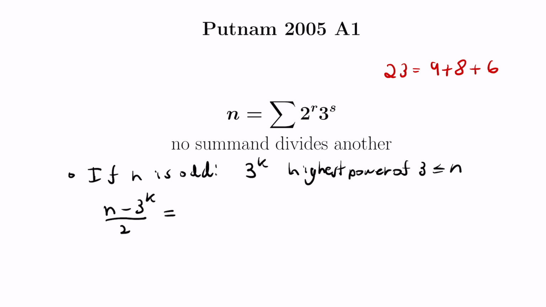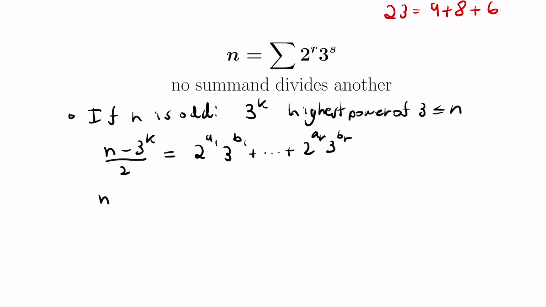Now this is a number that's strictly less than n, so inductively we can write this as a sum of powers of 2 and 3 multiplied, where no summand divides any other. So we'll have something like this up to 2 to the a_r, 3 to the b_r. Okay, so now if we rearrange this, we get that n is 3 to the k plus summands that look like 2 to the a1 plus 1, 3 to the b1, all the way up to 2 to the a_r plus 1, 3 to the b_r.